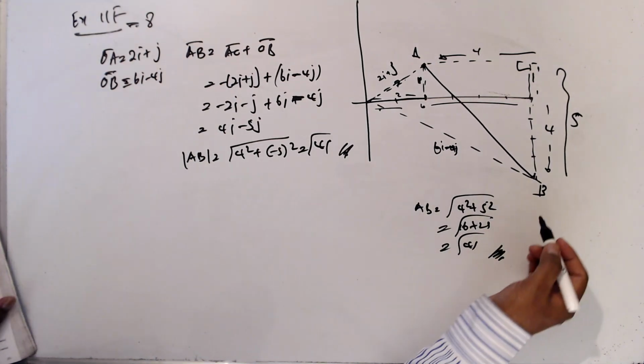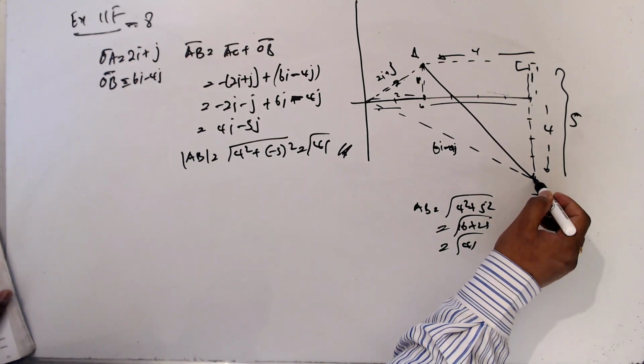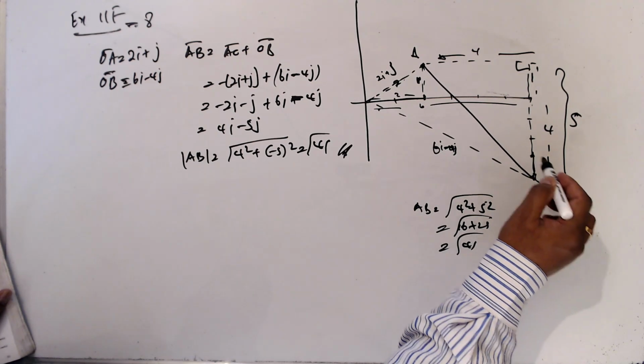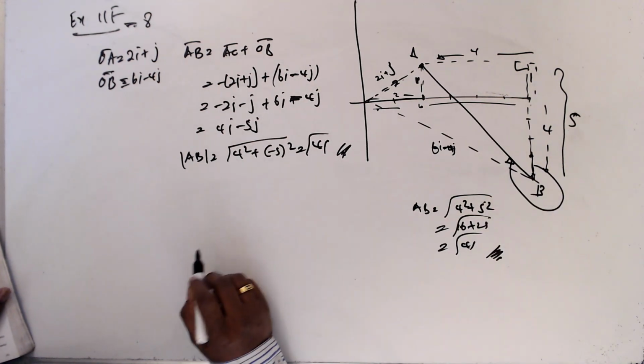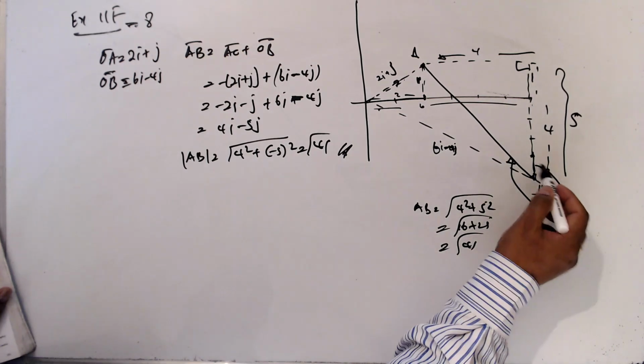The second one is find the bearing from the buoy to the boat. It means from here to here. So this is 360.